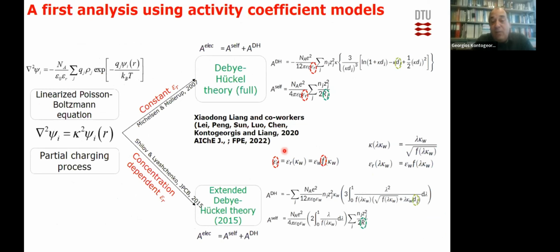So my colleagues Xiaodong Liang and co-workers have looked at the approach of Silov and Lyasenko, who included the composition dependency before the charging process. They compare it to the full Debye-Hückel, where the composition dependency is included after the charging process.